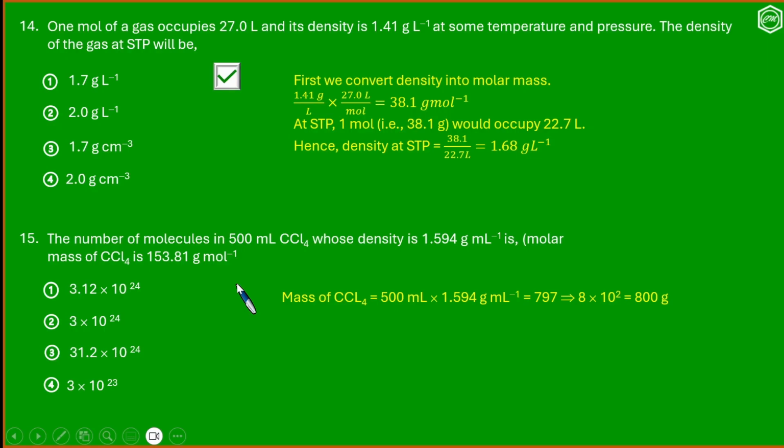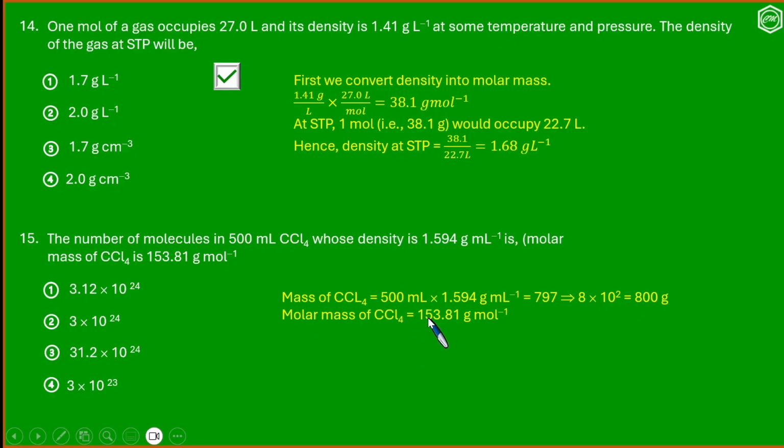Let us make the calculation. Mass of CCl4 equals volume into density. Volume is 500 ml, density is this one. So that is 797, and since the number of significant figures is 1 here, we reduce it to one significant figure, that is 8 into 10 raised to 2, that is 800 gram.